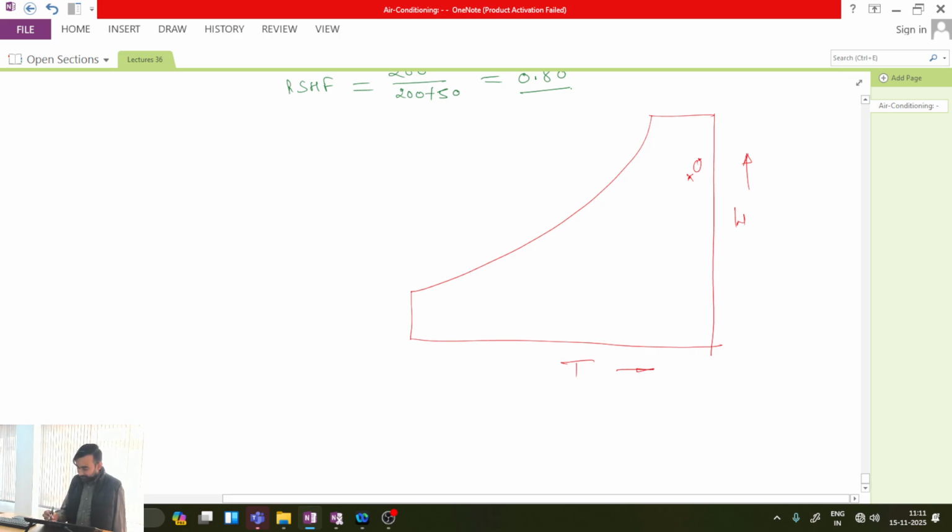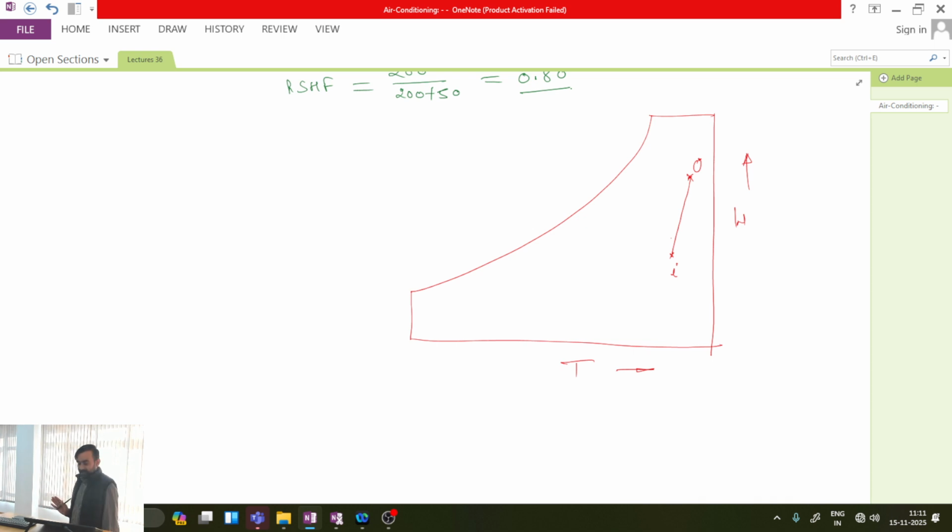I have indoor condition I. Okay. Now my state 1, which is at the inlet to the cooling coil, that will be lying on any point in between O and I. Is this one clear? All are clear with this point?